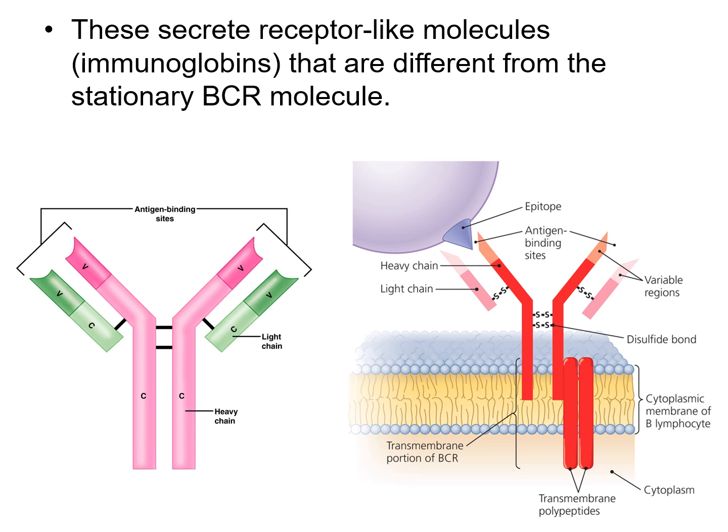The immunoglobulin is different from the B cell receptor. In the picture, I put them side by side so you can see the difference. The immunoglobulin has 4 polypeptides, whereas the one that is bound to the membrane has 6 polypeptides.